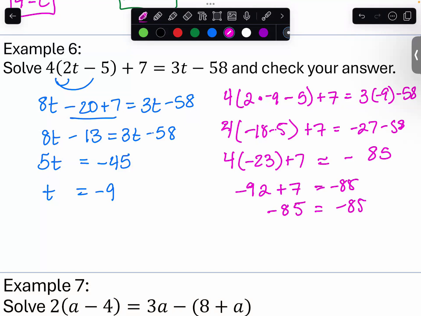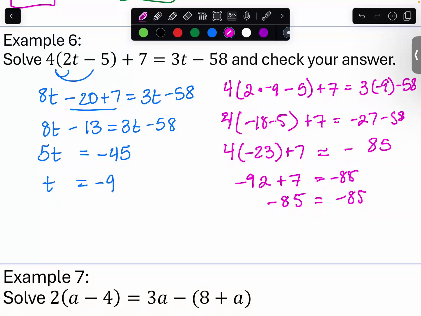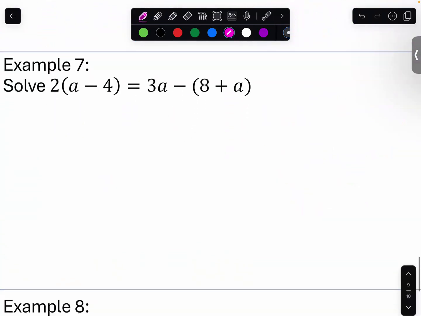So my answer is correct. For a lot of our problems, you won't need to go through and do this check solution, but it's worthwhile for these next couple examples to see why.